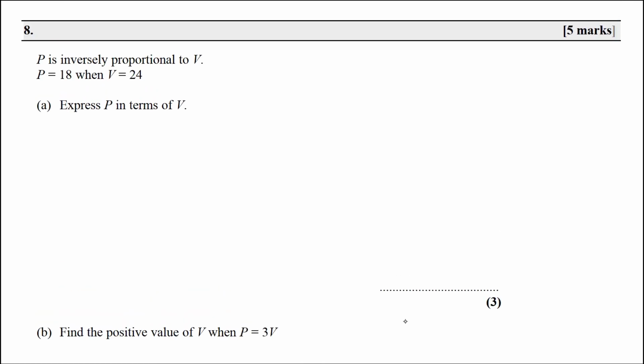For number 8, P is inversely proportional to V, so we can translate that to an equation.